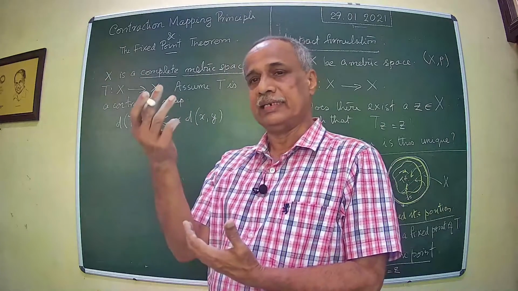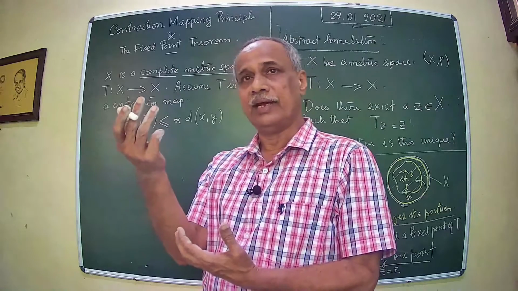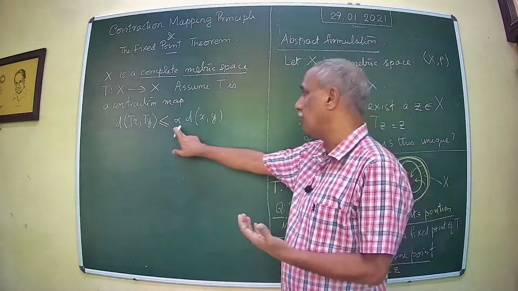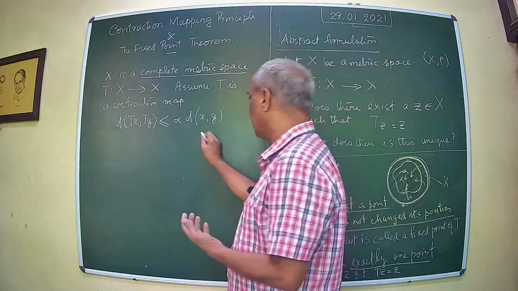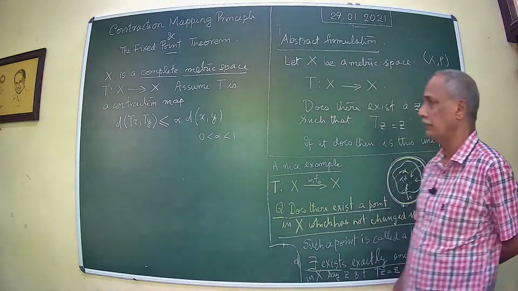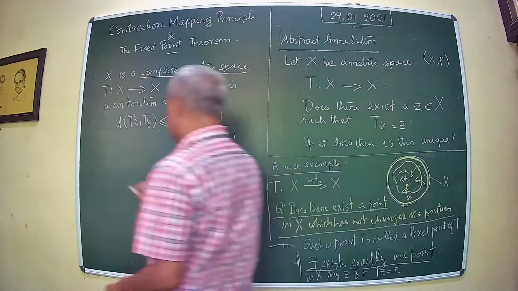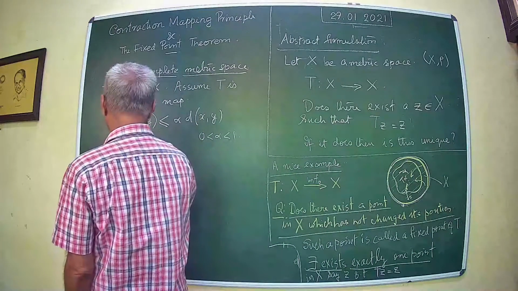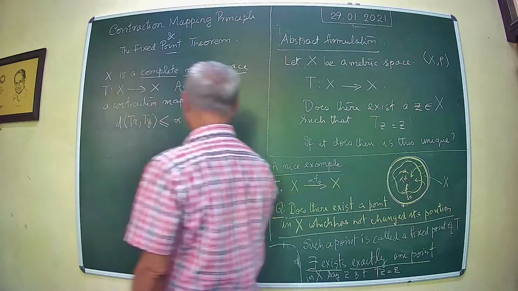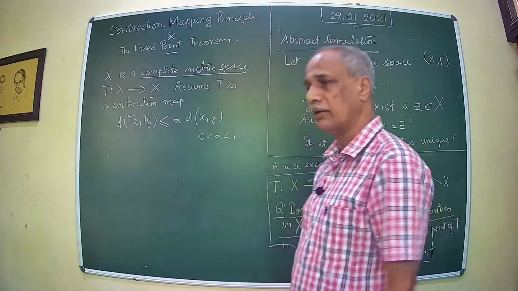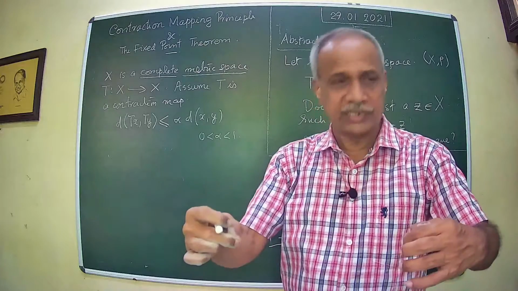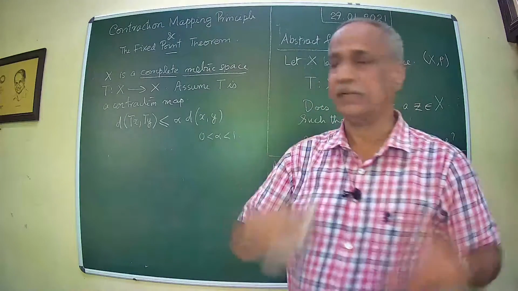What it says is that the distance between Tx and Ty is less than or equal to alpha times d of xy, where alpha lies between 0 and 1. Then T is a contraction map. So under this condition, this is what you call a contraction map. That means 2 points have been brought closer by the map T. This is the meaning of that.